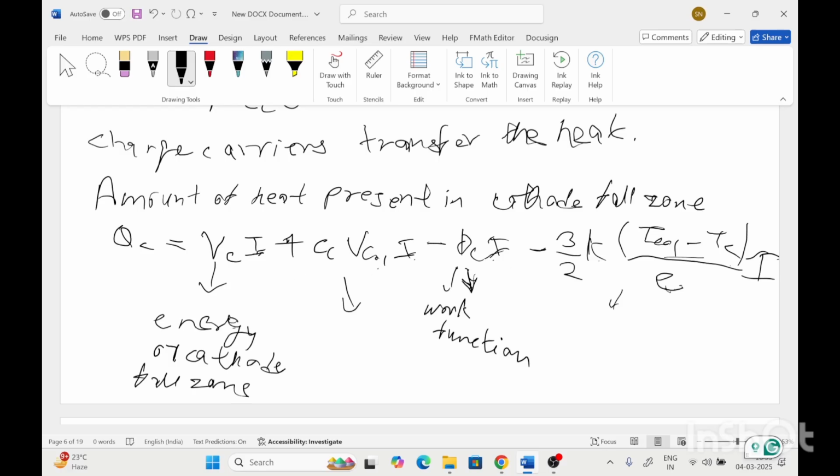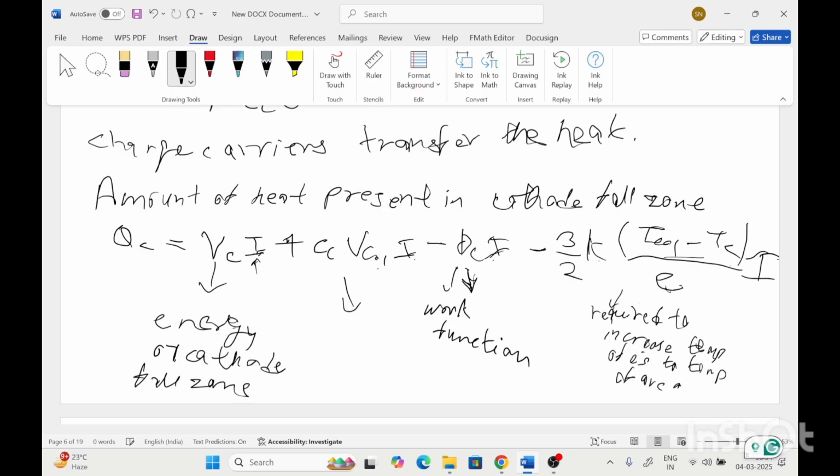All the terms have the current term, and this is the term required to increase the temperature of electrons to the temperature of the arc column.